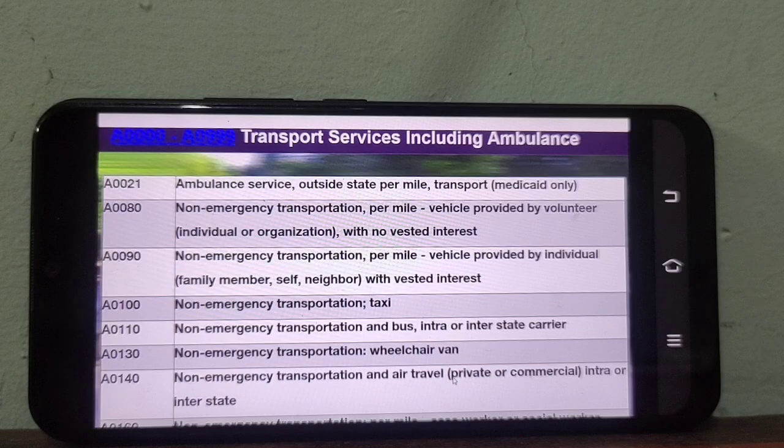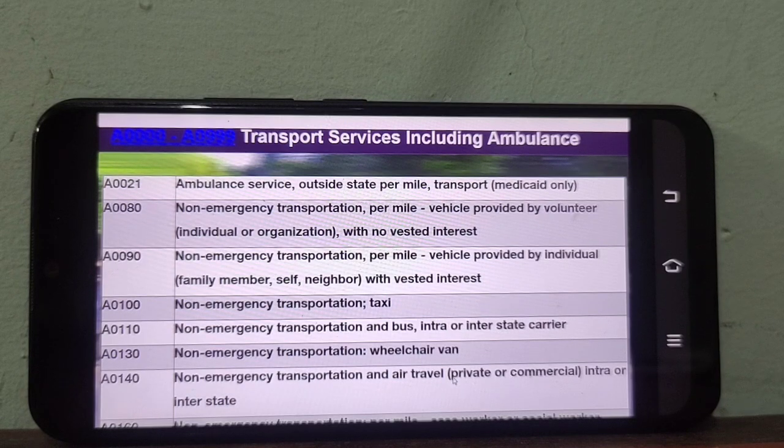So guys, in HCPCS and billing there are no guidelines. All are direct coding. You just check the name of the material and select the appropriate code in the HCPCS group. That's it.